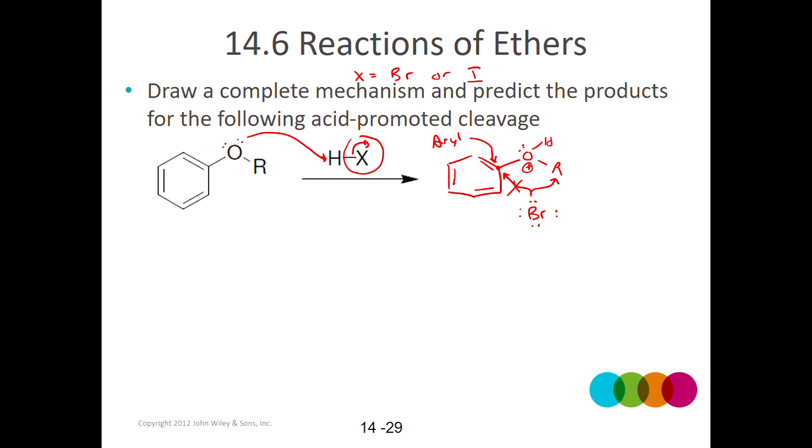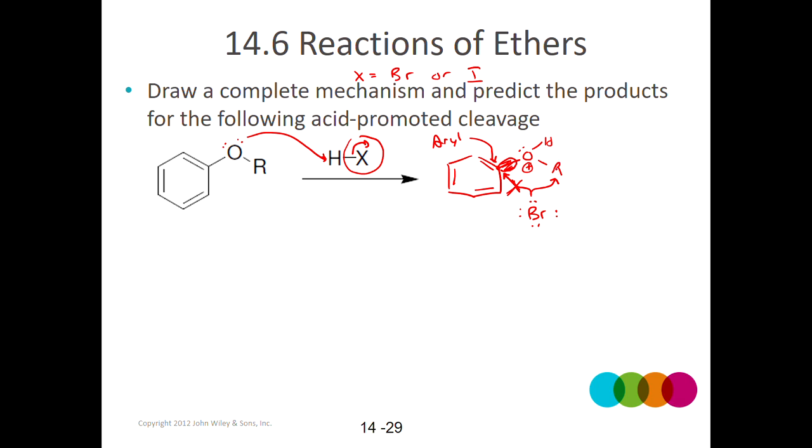And the leaving group can't leave first and leave behind a carbocation because that would be an empty sp2 orbital. This is an sp2 orbital overlapping here, and the electrons are in a pretty compact space held pretty closely to the carbon. So the leaving group can't leave first, the nucleophile can't get in first. There's no way for the nucleophile to attack this carbon. And that's true if it were an aryl or vinyl site when the carbon is sp2. So that can't happen. So the only thing I expect here is that the Br attacks this carbon.